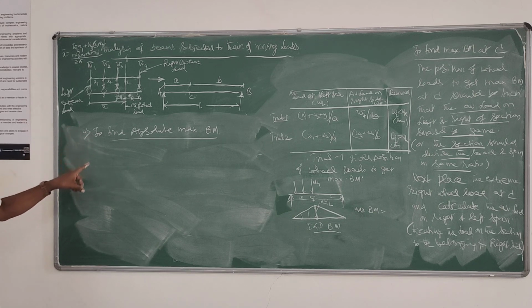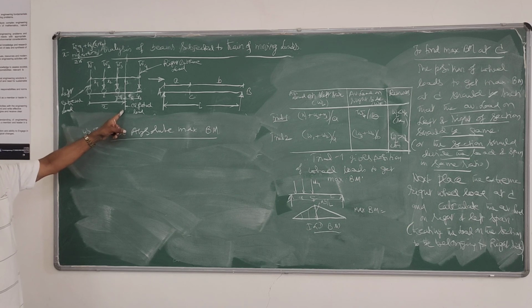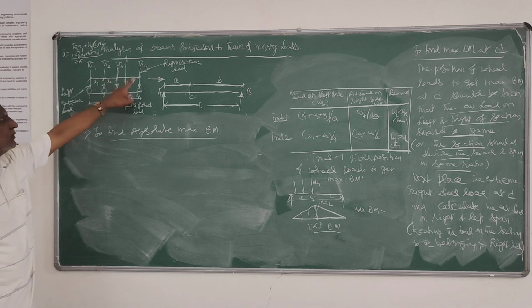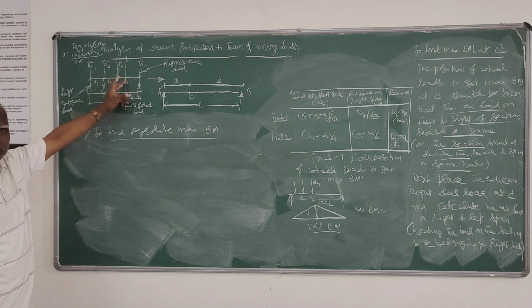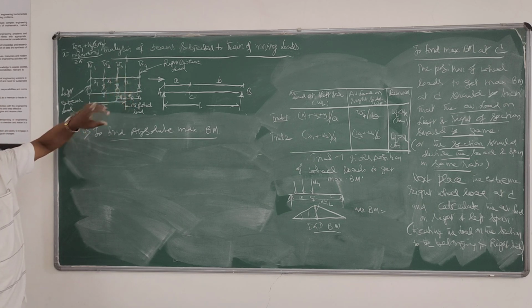Here we don't do it, so we find the CG of the wheel load, right? And we select the two wheel loads very close to that CG line. If you have a maximum wheel load very close to that CG, you can take that one load.